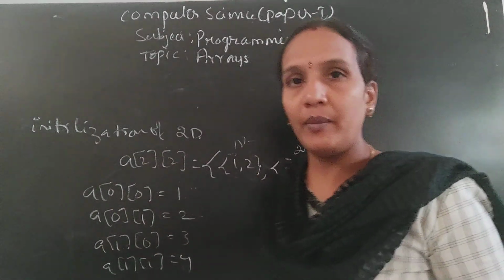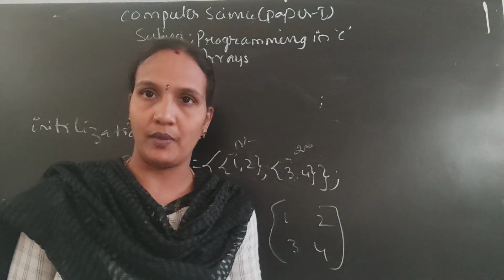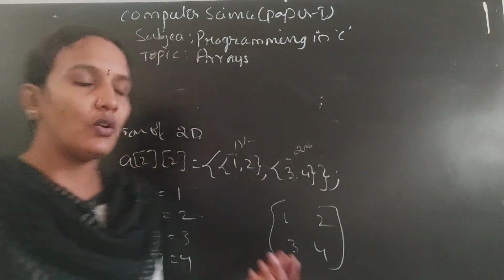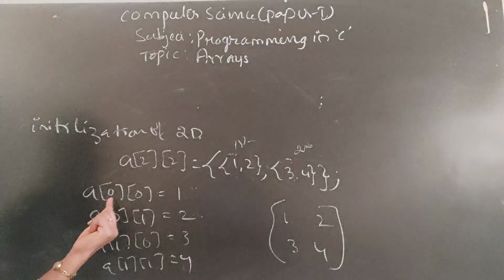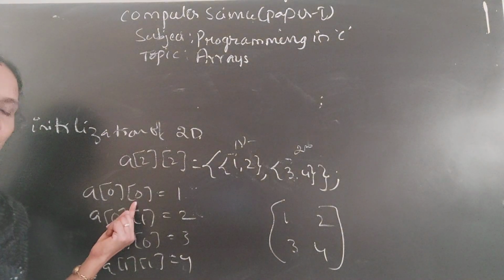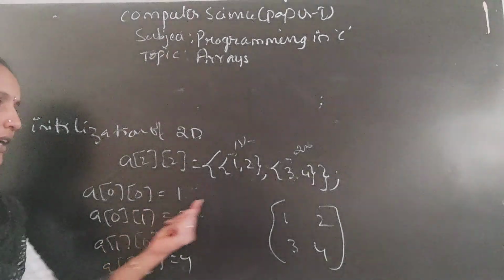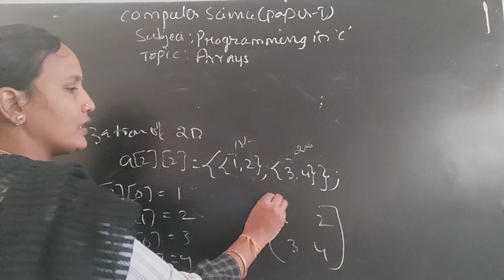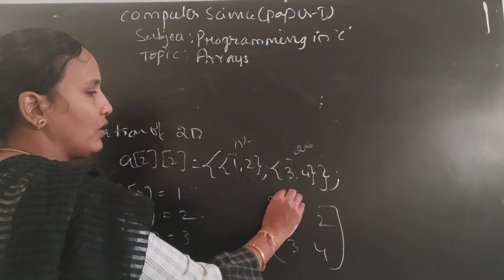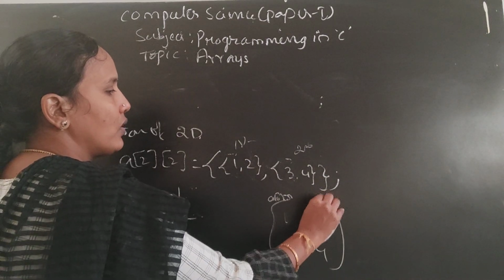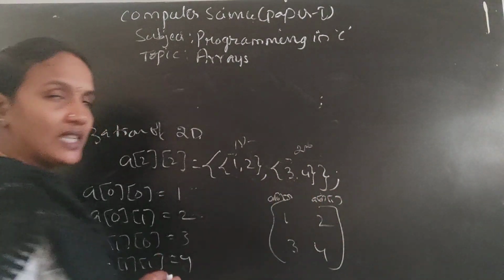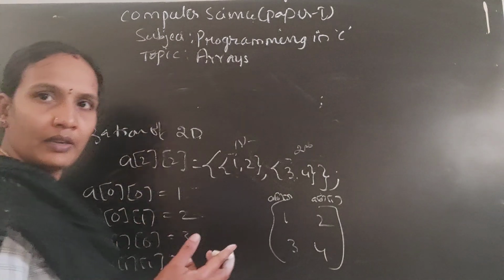In the case of a one-dimensional array, we used to get only one subscript. Here we have 2 subscripts. That is why you need to give 2 subscripts to the values. Here the first row, first column value is 1. This is A0, 0. This is A0, 1. Here the row number is not changing. Okay, first row only we are discussing.